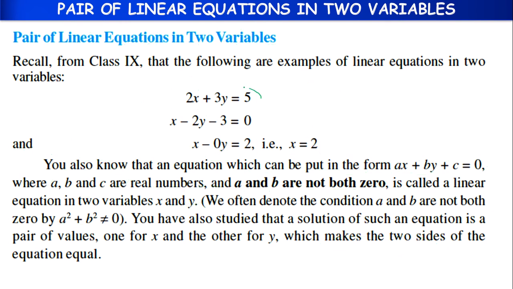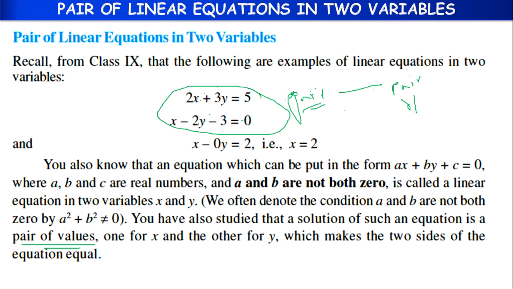If we take a pair of linear equations in two variables, then we will get a pair of solutions, out of which one will be the value of one variable x, and the other will be the value of the other variable y.